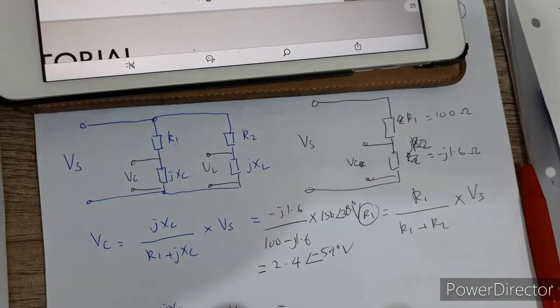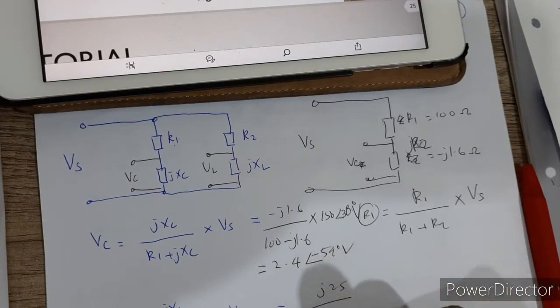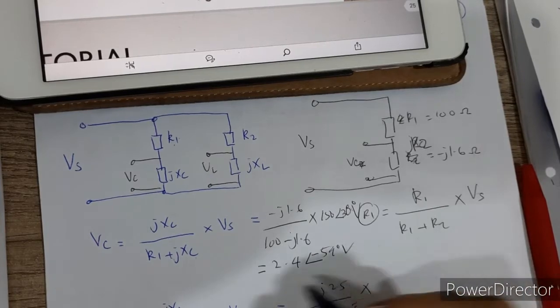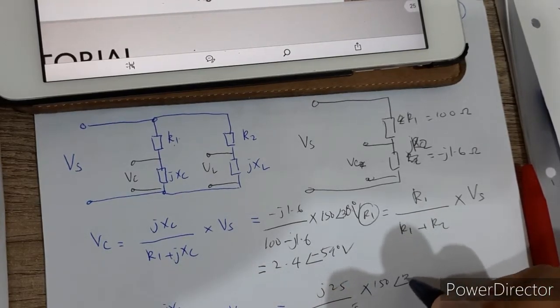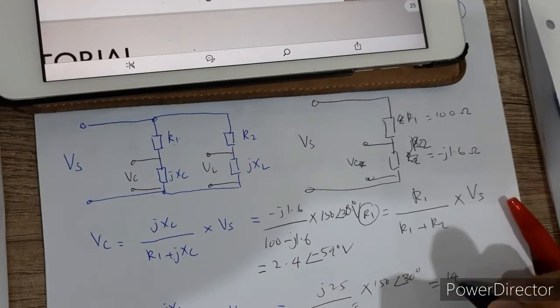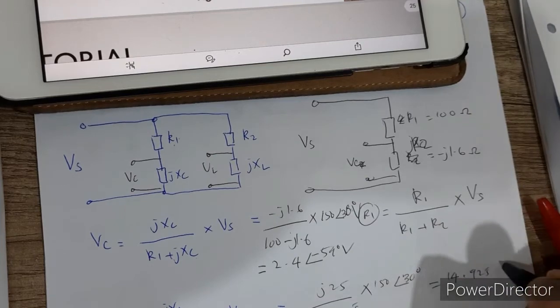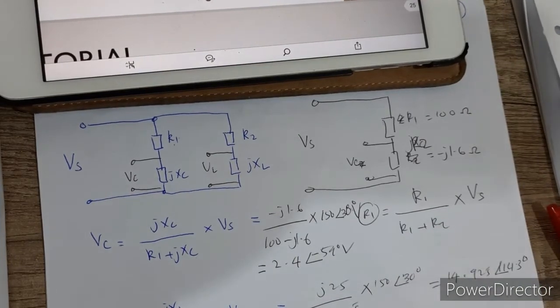Same goes for this one. So jXL is j25 over R2, which is 150 plus j25, multiplied by VS, 150 angle of 30 degrees. So you will get 14.925 angle of 114.3 volt. Right.